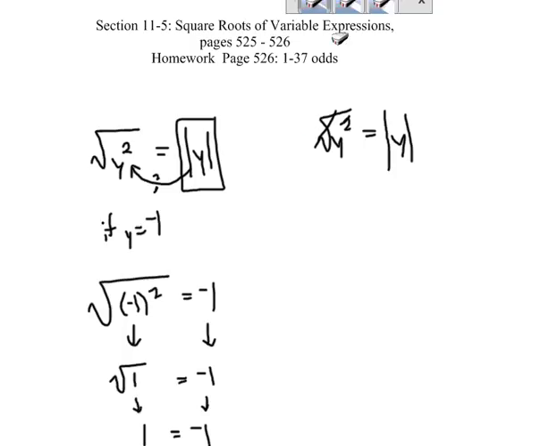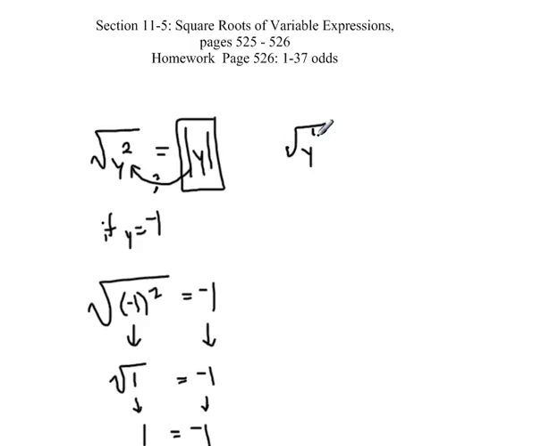Now, in contrast, since that was an exponent of an odd power, this would be an exponent of 1. In contrast, let me do the square root of y to the 4th power. That would be y squared. Anytime you have even exponents, there's no way of creating an odd answer.